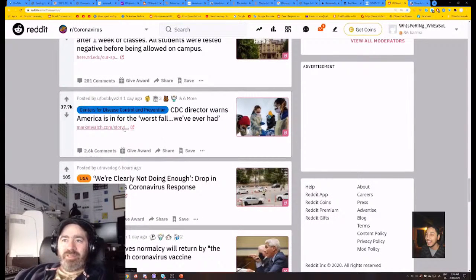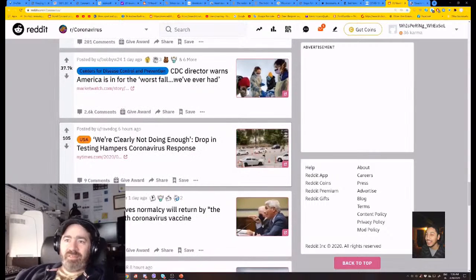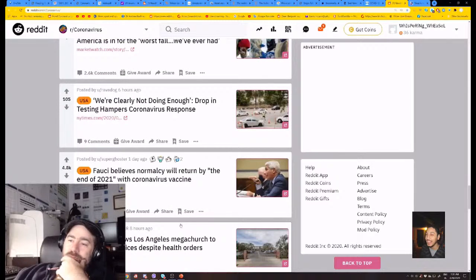CDC director warns America is in for worst fall we've ever had. Only a month or so away, right? That's 6 weeks. Fauci believes normalcy will return by the end of 2021 with a coronavirus vaccine.